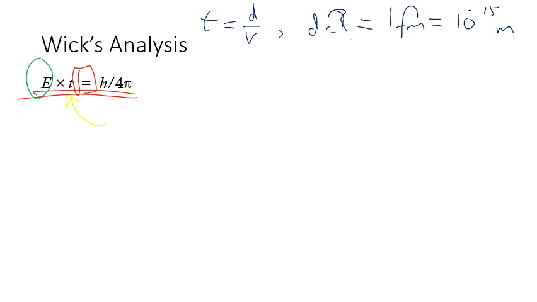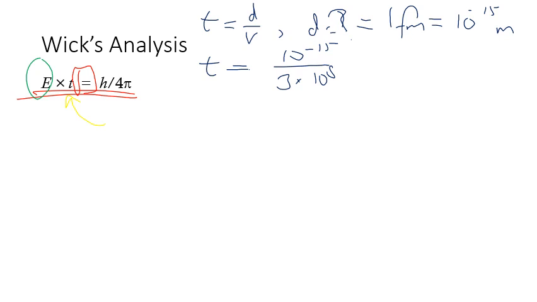Well, we can just postulate that they're going to go at the fastest possible velocity. They probably won't go at the fastest possible velocity, but let's assume they can. And of course, that's the speed of light. So therefore, we can say that the time of flight for our virtual exchange particle is going to be 10 to the minus 15 divided by 3 times 10 to the 8.